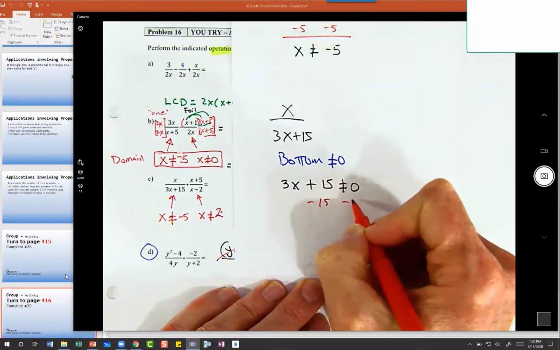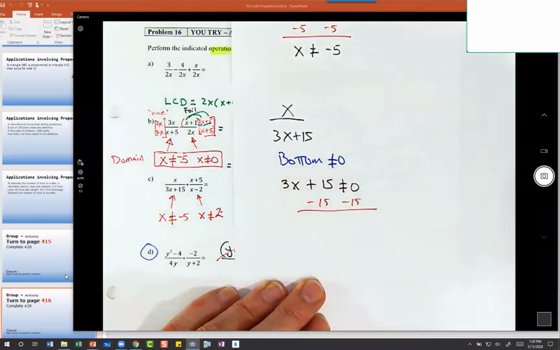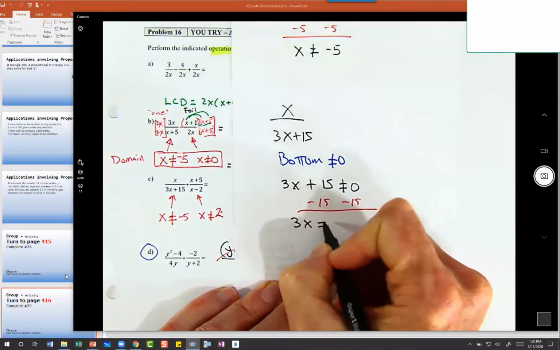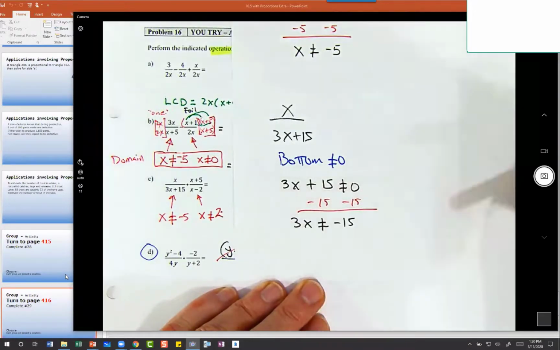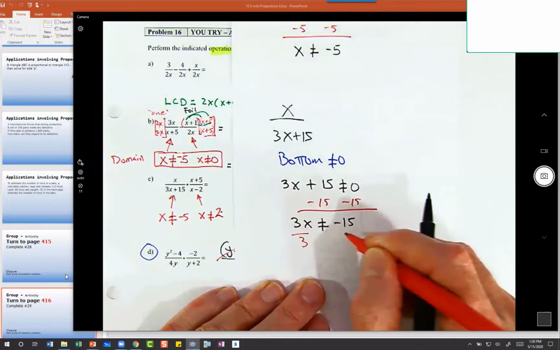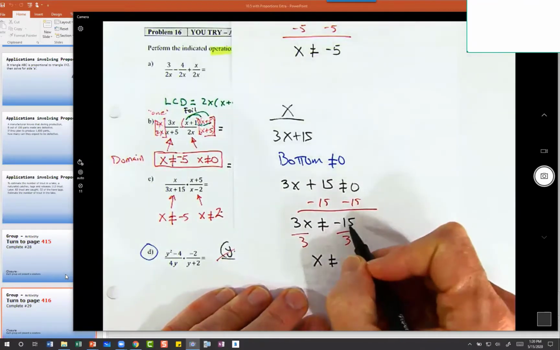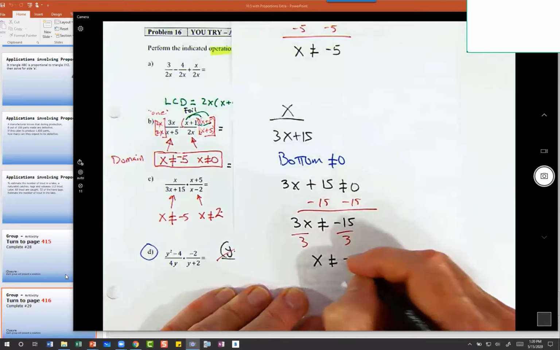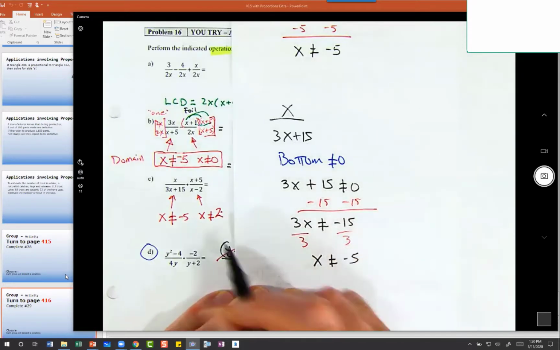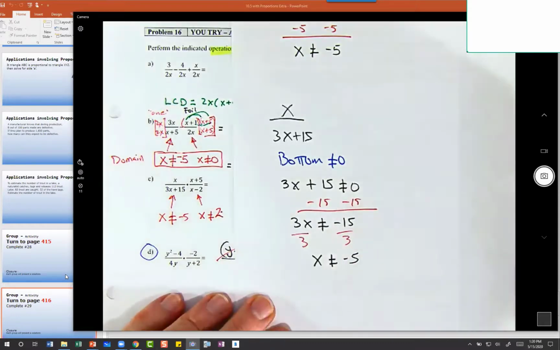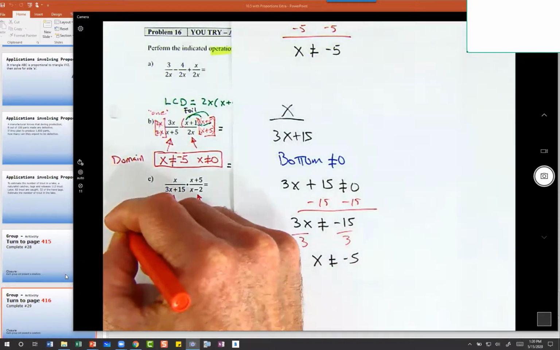So this is the logic all the way through. 3x cannot be equal to -15. Divide by 3. So x cannot be -15 divided by 3, which is -5. So -5, sure enough, is the bad x. So there's the domain of that one.